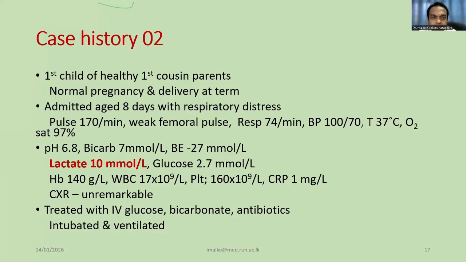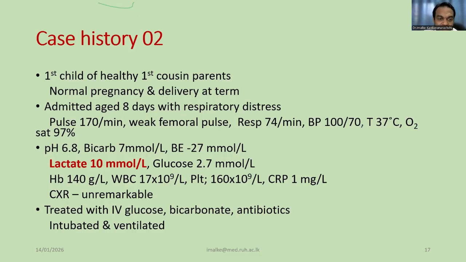Now this one is a true case. There's consanguinity. This baby, around 8 days old, was admitted to the emergency department with a pulse rate of 170. All the peripheral pulses were weak, so we were thinking of possible shock. The pH was 6.8 and lactate very high.